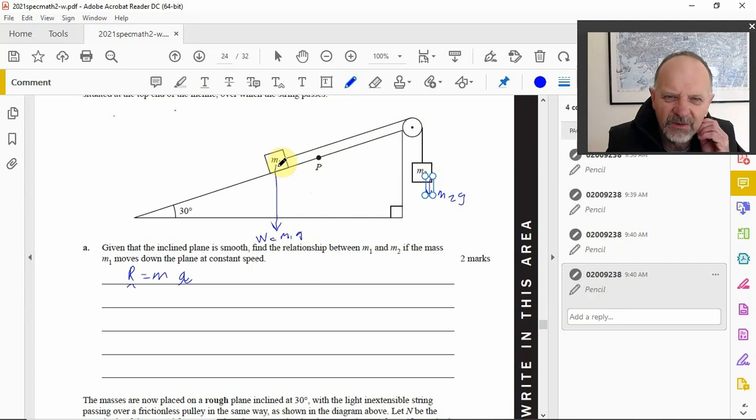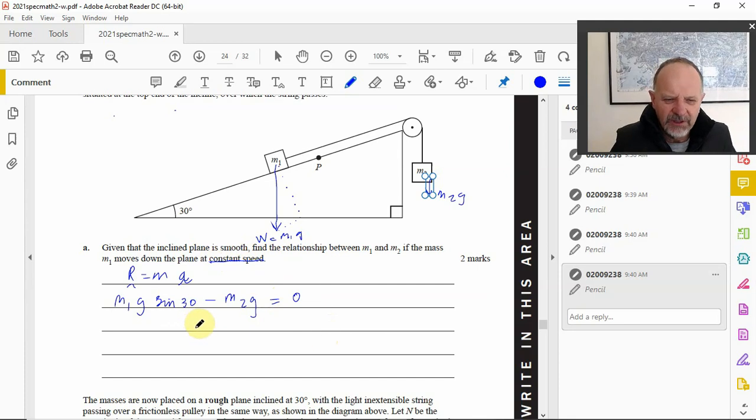All right, and if we break that up into two components, we've got one component, this one here, acting down the plane. So M1G sine 30 minus M2G, and that's got to equal 0 because of constant speed.